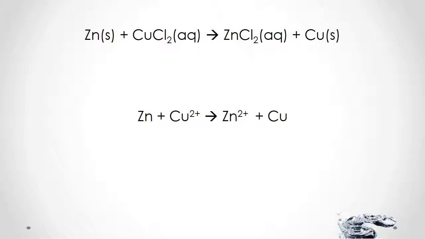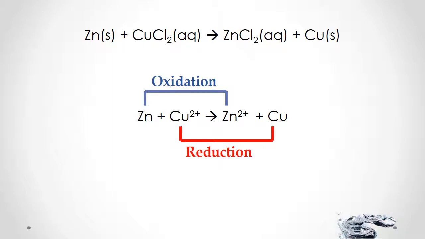Zinc will have an oxidation state of 0. Copper on the left will have an oxidation state of 2 plus. To the right of the arrow, we'll have zinc 2 plus and copper 0. Here, the zinc loses 2 electrons, so it undergoes oxidation. The copper then gains those 2 electrons to undergo reduction.